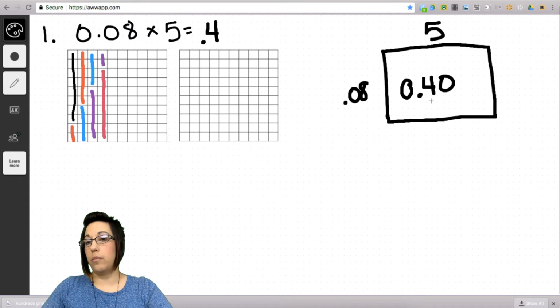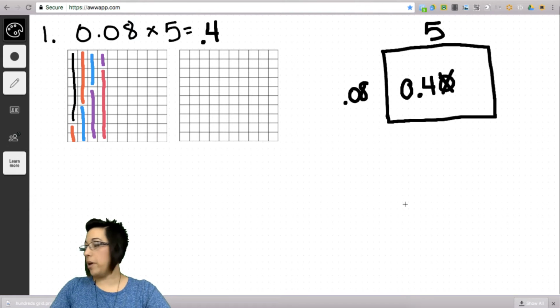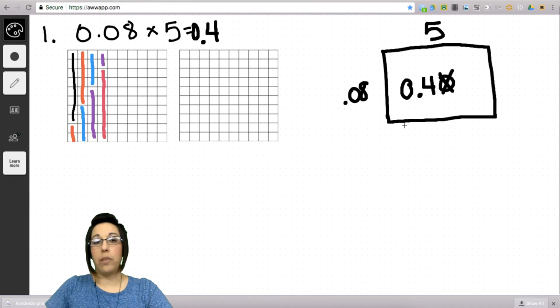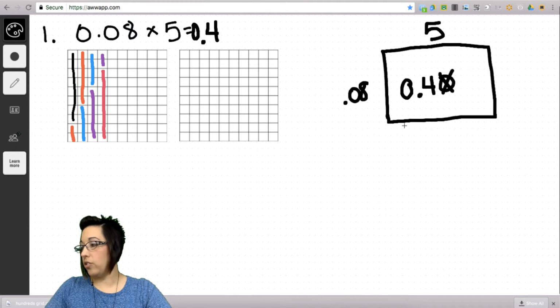Because it is decimals, I put the courtesy 0, and then this one doesn't have any value, so I drop it, and my area would be 4 tenths. So my hundredths chart and my area model match. That means that I am on the right track with this.